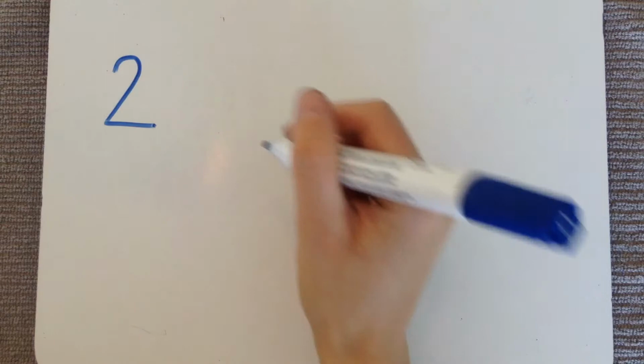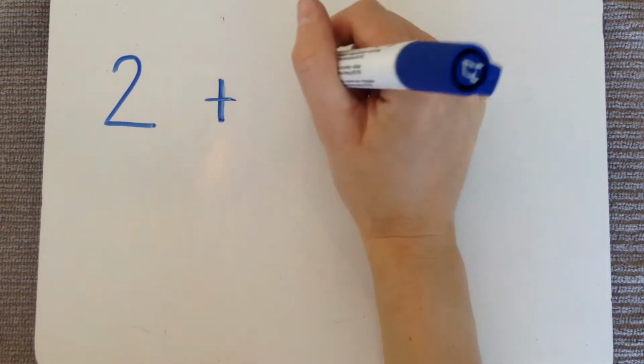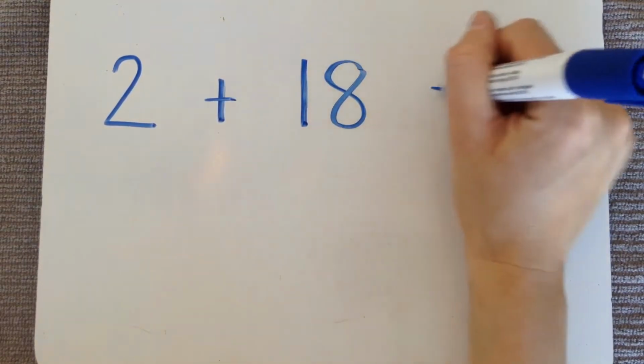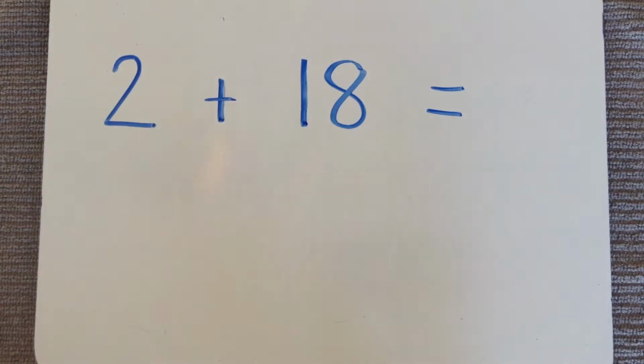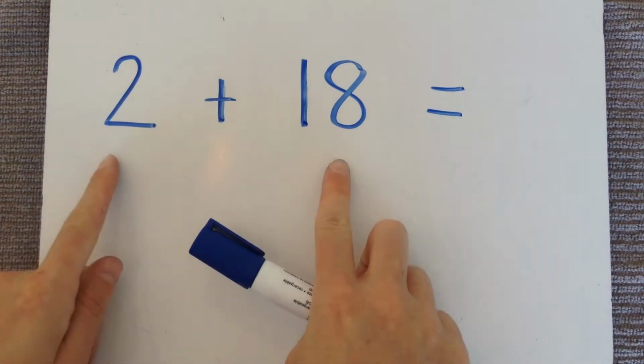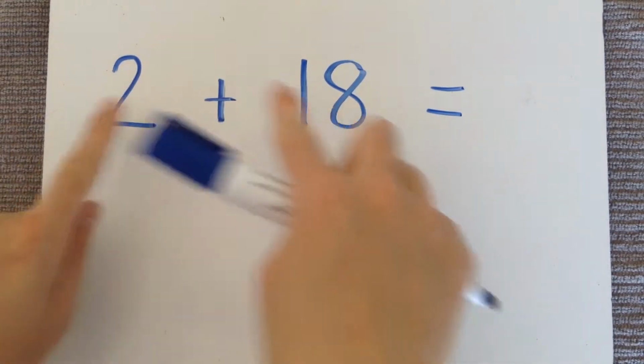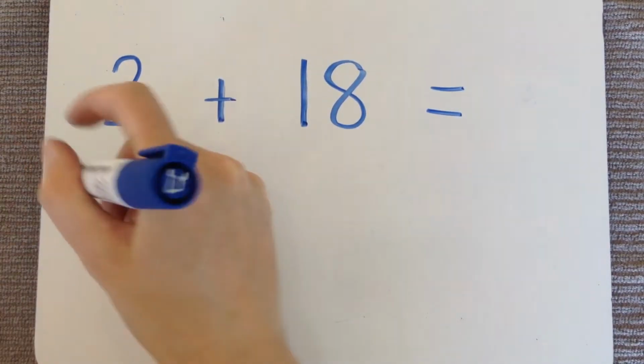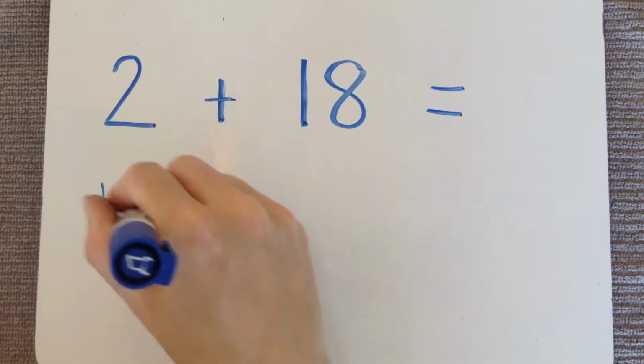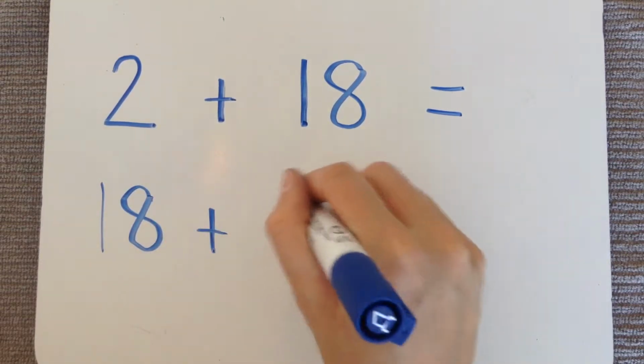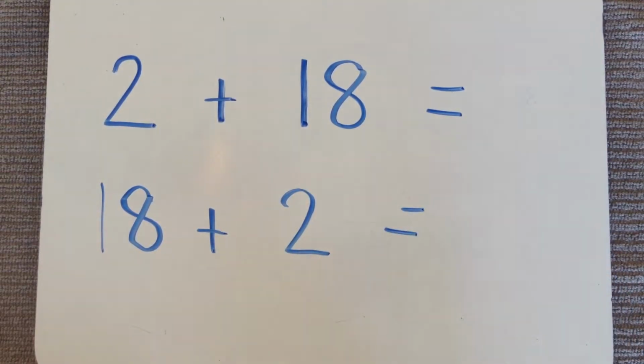Here is 2 plus 18. We can use skip counting by twos, but first let's write this question in a different way. We know that when we add, the add-ins can be flipped. Let's write it like this. 18 plus 2 equals. Now we know we're skip counting by twos and we're starting at the number 18.